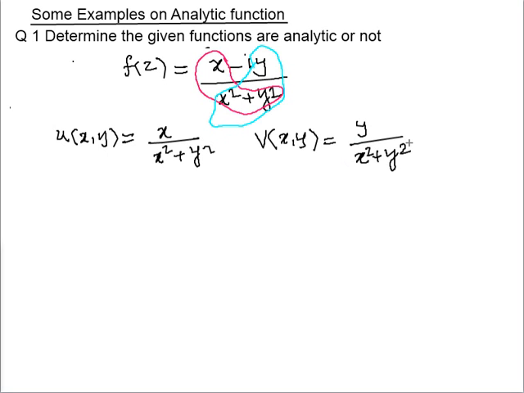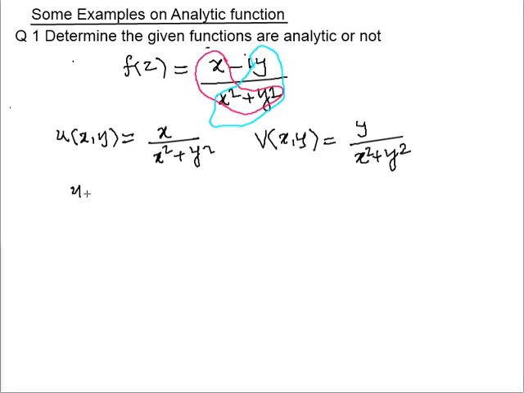Next step, same thing, we have to find the partial derivatives of both functions with respect to x and y for the Cauchy-Riemann equations.